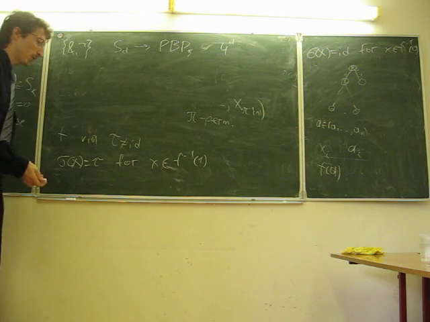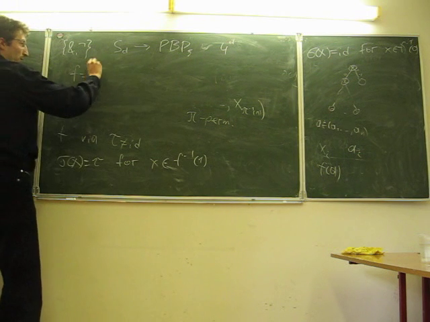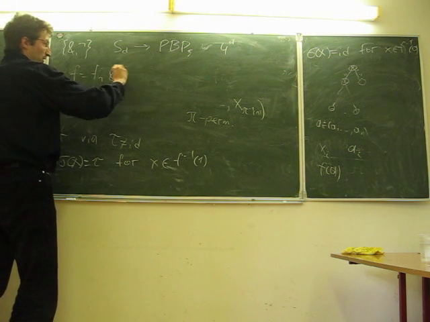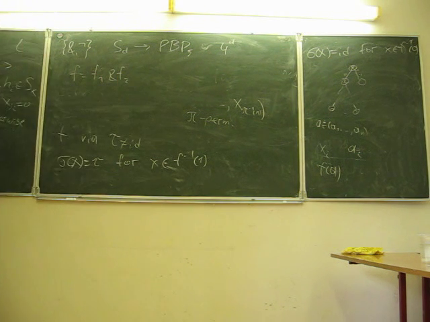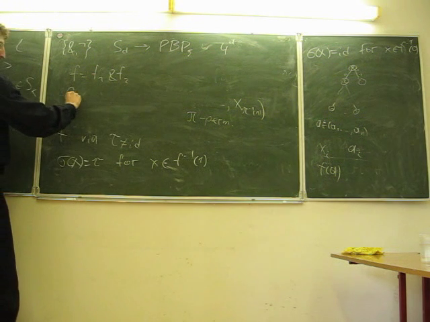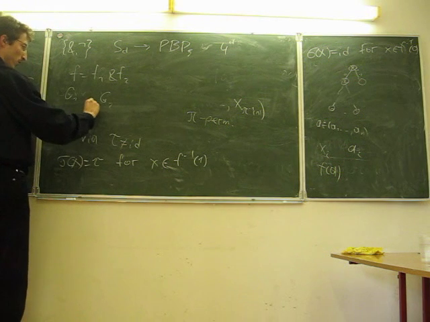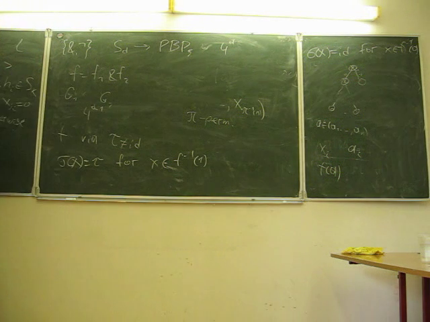So we can consider the conjunction. Let our function f be computed as the conjunction of two subfunctions f1 and f2. By the induction hypothesis, we can construct two PBPs of length 4 to the d minus 1.